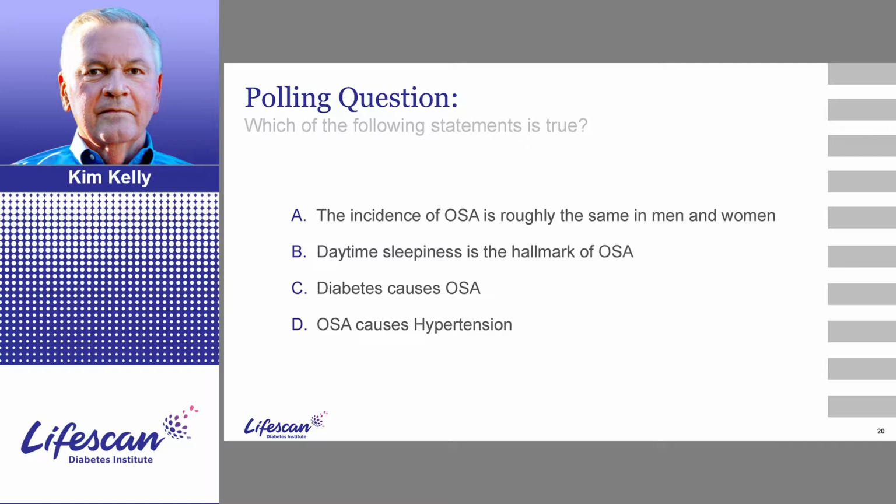And this is one of the reasons why the Epworth sleep scale really didn't catch as many people with OSA as we would like. There is controversy related to diabetes causing OSA. We'll talk about that in more detail. But one thing we do know for sure is that obstructive sleep apnea causes hypertension.